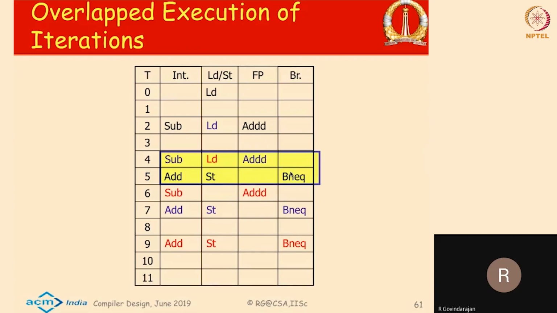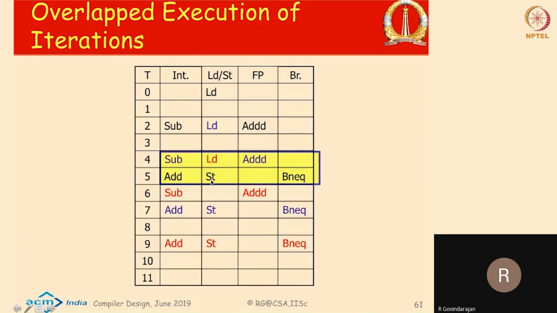But the interesting thing here is that the store belongs to the ith iteration, the add belongs to the I plus 1th iteration, and the load belongs to the I plus 2nd iteration. This is iteration 2, iteration 1, iteration 0.